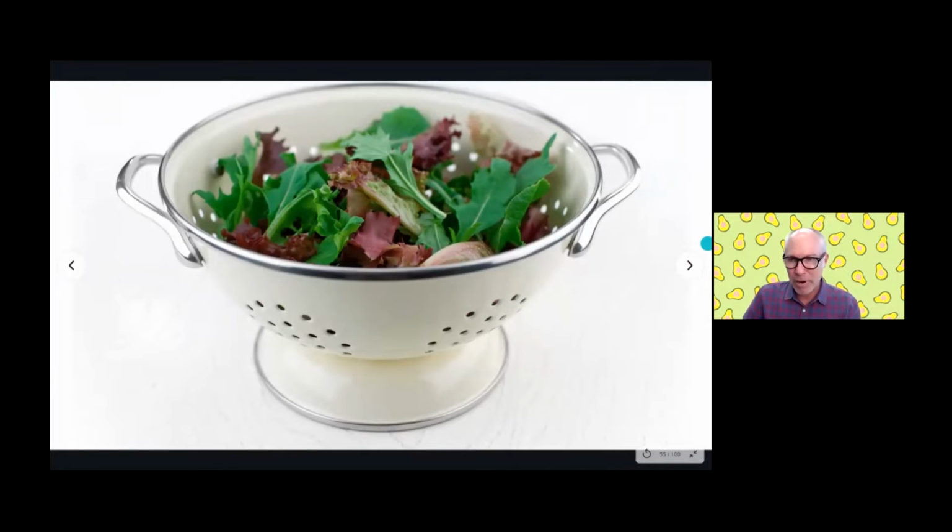But where did these come from? These were not collected out in the woods.